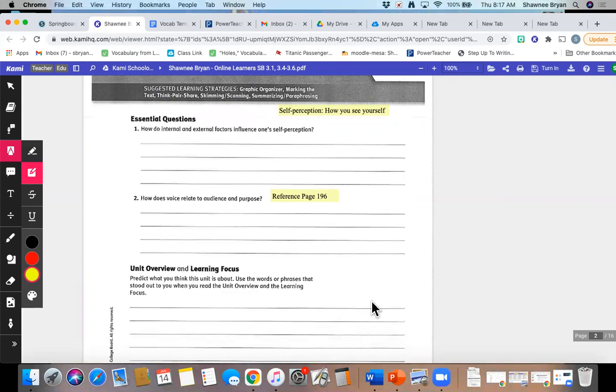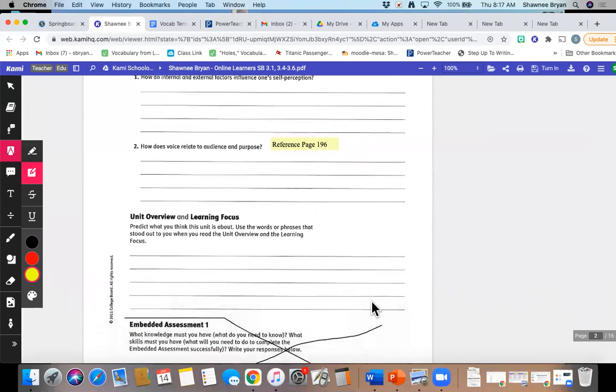So remember that self-perception is how you see yourself, what you think about yourself as a person. So how do internal factors, meaning things inside yourself, and external factors, meaning things outside of yourself, like your friends, your teachers, and your coaches, influence how you see yourself as a person?